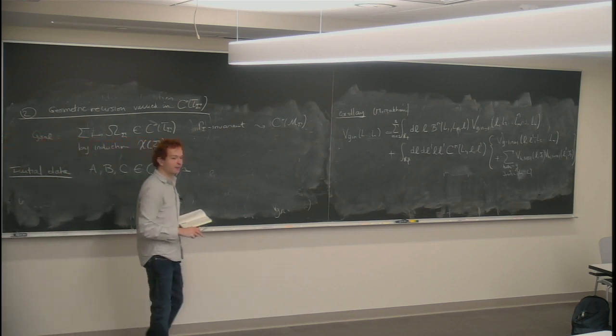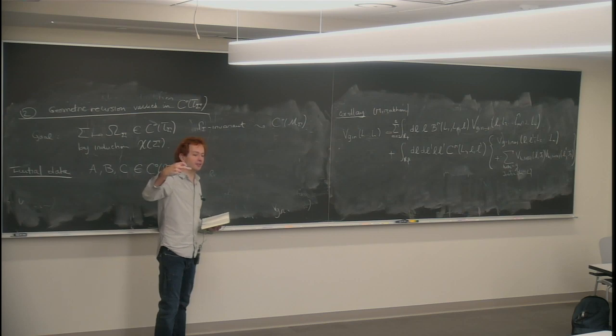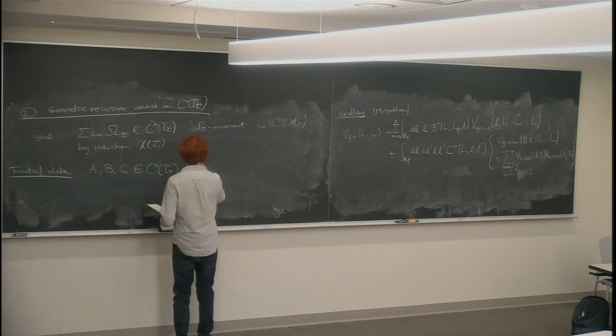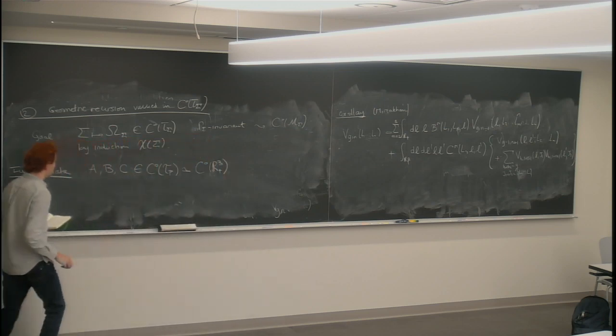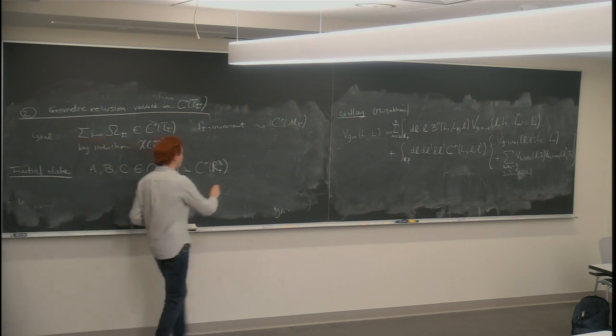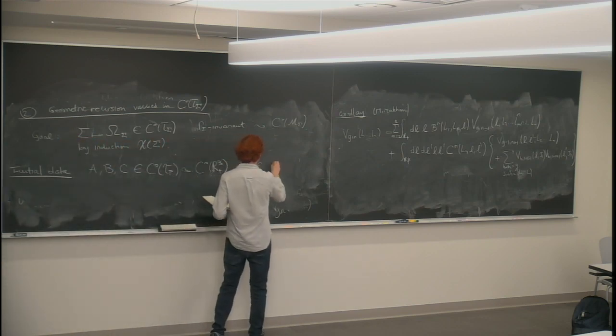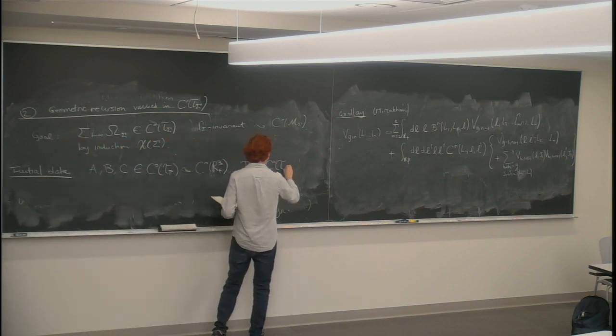It's totally specified by the 3 lengths of the boundaries. So this is the same as a function of 3 positive variables. And I will also have a D, which is a continuous function on Teichmueller space of a torus with 1 hole.